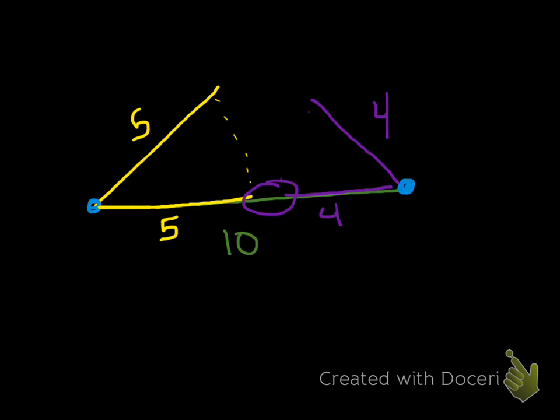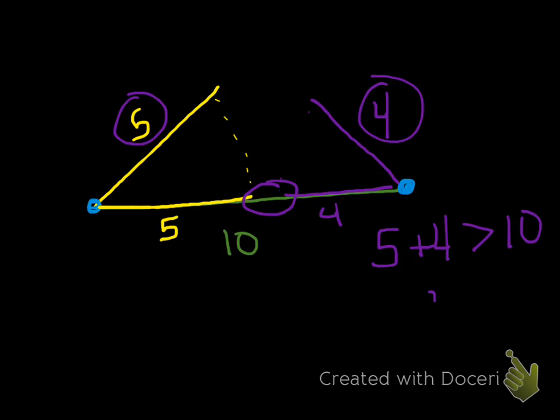So these are your two smallest sides. So you would do 5 plus 4 has to be greater than your largest side, which is 10. So 9 is not greater than 10. It's not. So that means it does not make a triangle. Okay, so let's do some practice problems. The first one is giving you 4, 7, and 11.